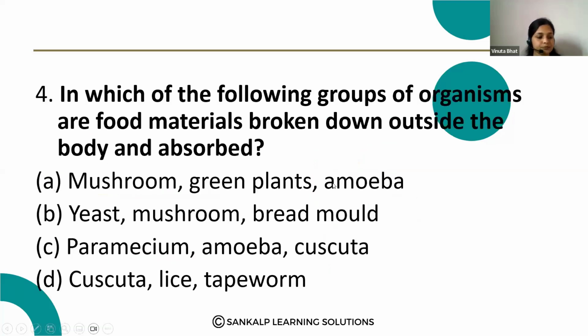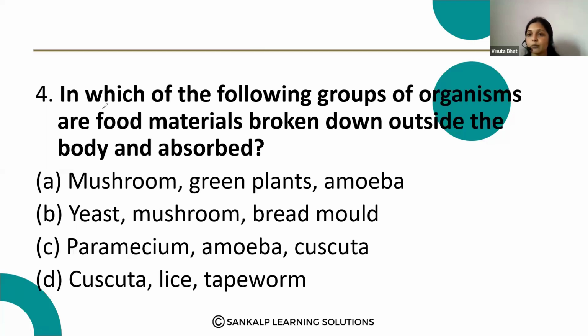Next question. In which of the following groups of organisms are food materials broken down outside the body and absorbed? In some organisms, the food is broken down outside the body.